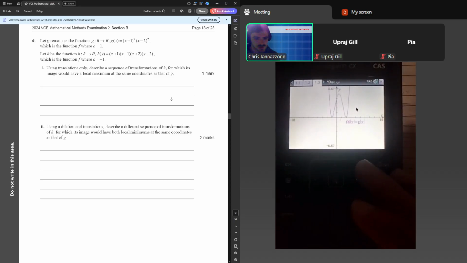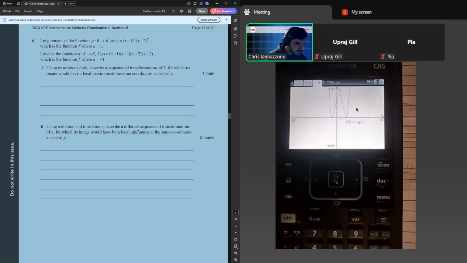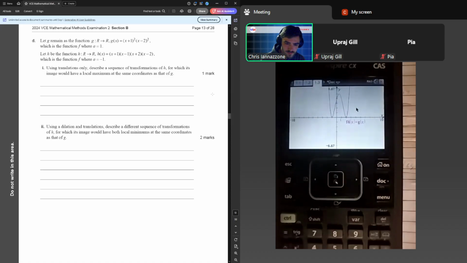I remember this one being really weird too. The only requirement is to force the local minimums to be at the same spot. What can we do to get our head around it?